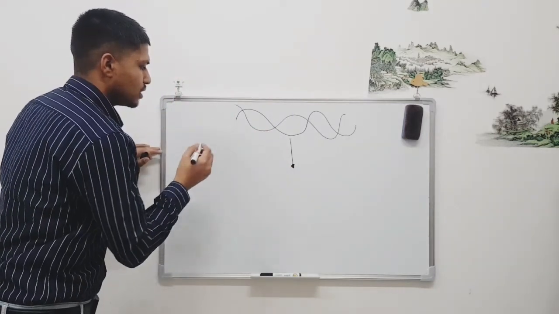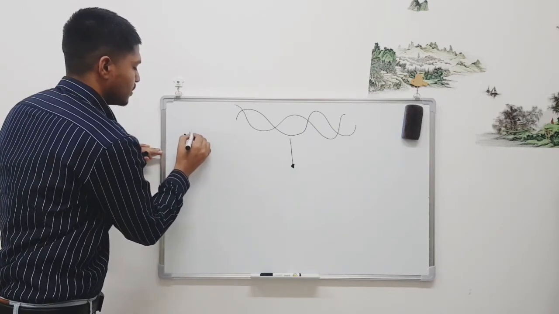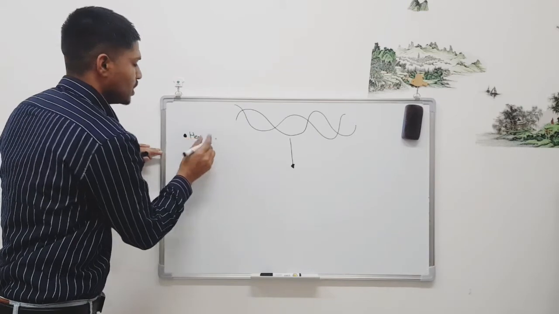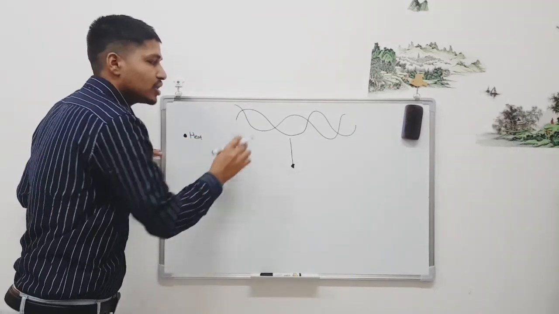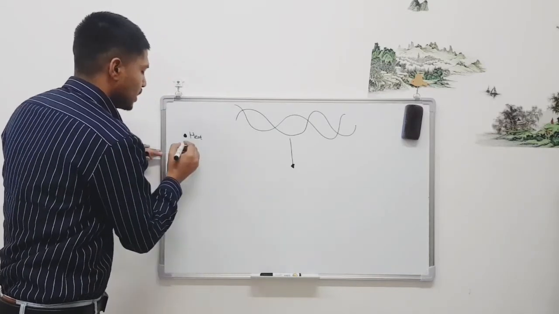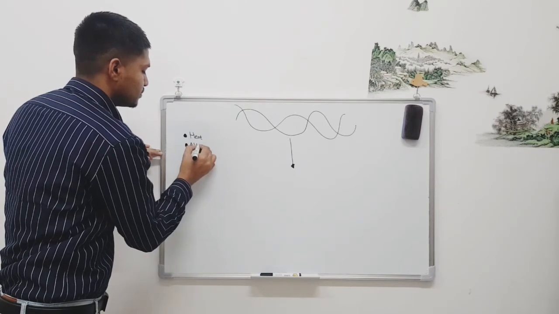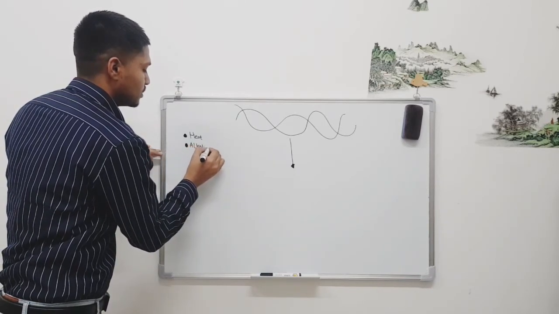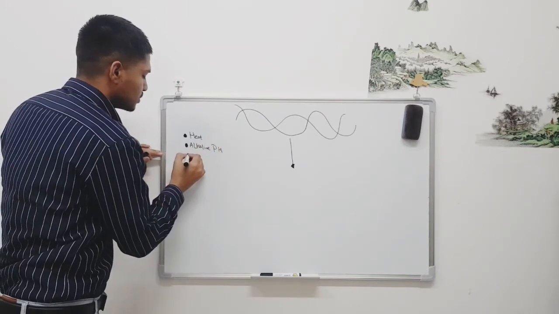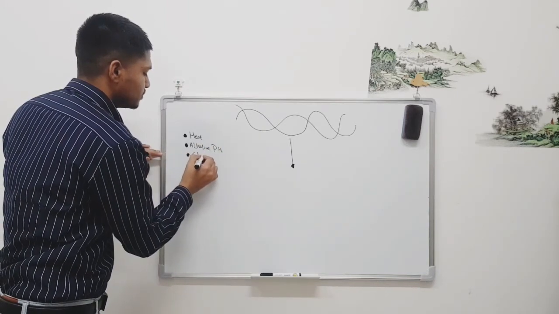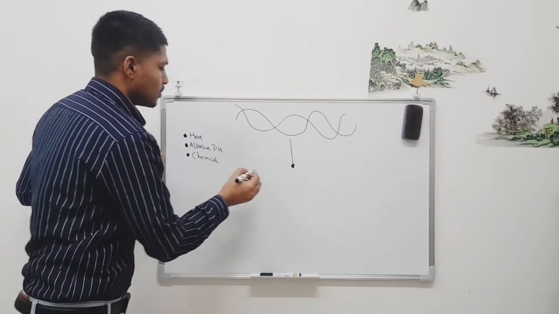The first thing is heat. If you start heating the DNA molecule, it can denature it. The other thing is alkaline pH, or the other thing can be chemicals.